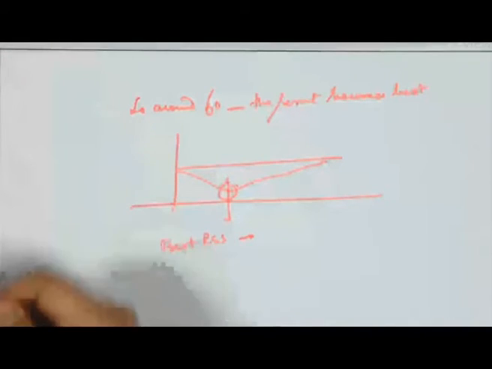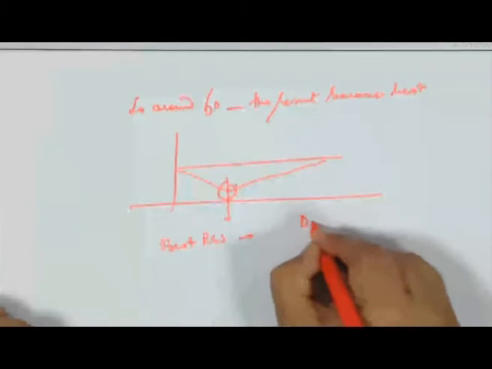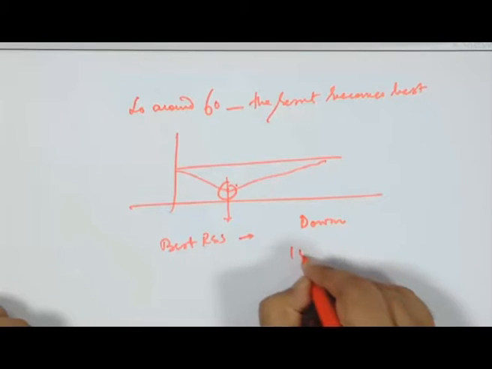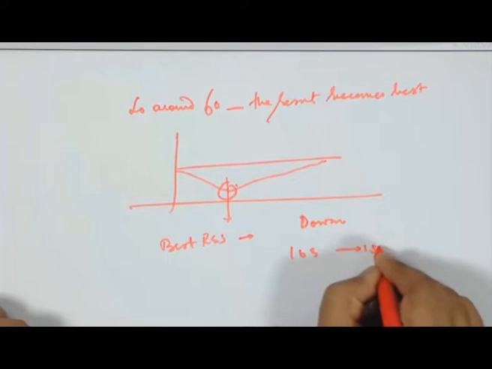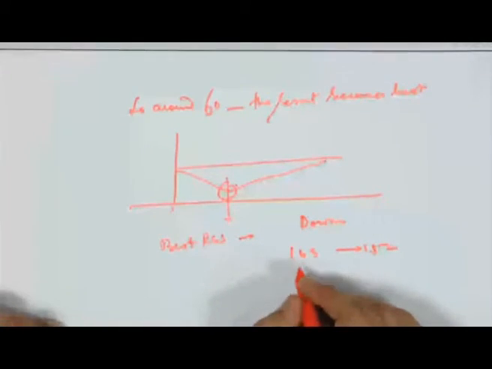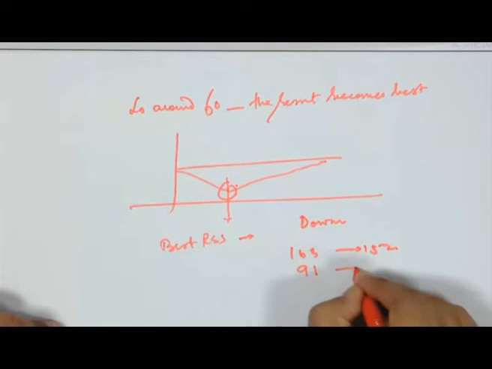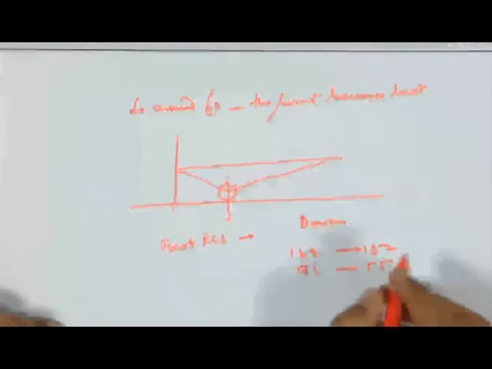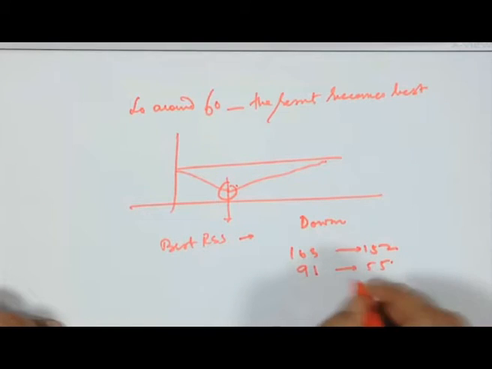So in downtown it is 163 to 152. In residential area, it is 91 to 55. And in rural area, it is becoming 229 to 167.